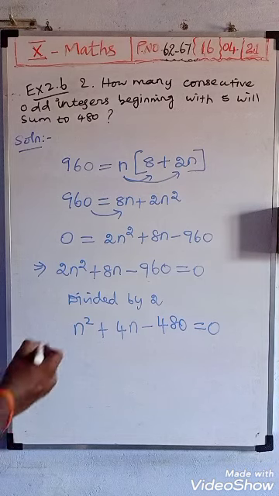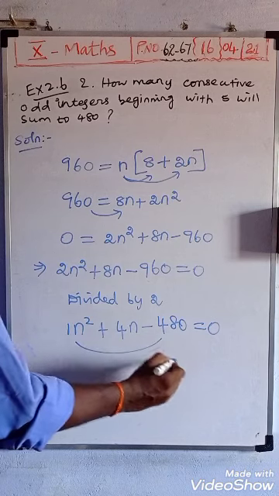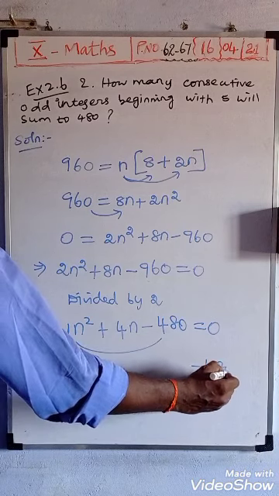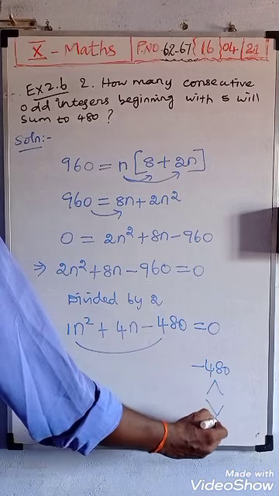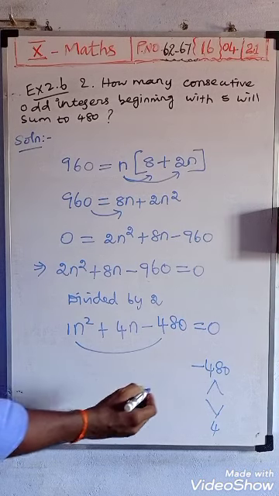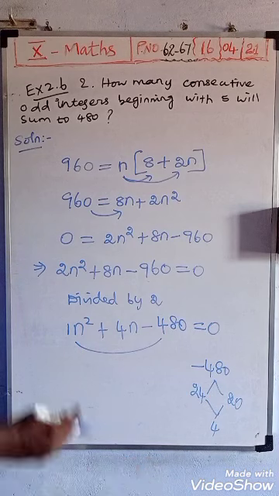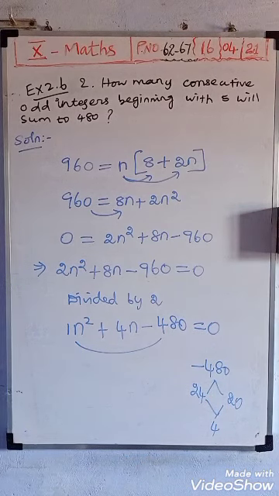So the n squared coefficient is 1. So 1 into minus 480, which is minus 480. Multiplying should give 480 and adding should give plus 4. So what is the answer? 24 into 20. Multiplying 24 into 20, we receive 480.